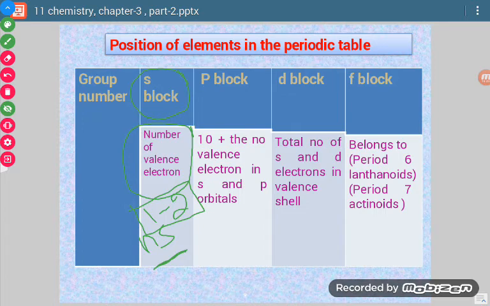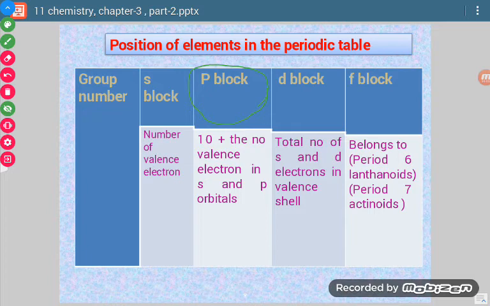There will be either 1 or 2 electrons. If there is 1 electron, it belongs to first group. If there are 2 electrons, then it belongs to second group.